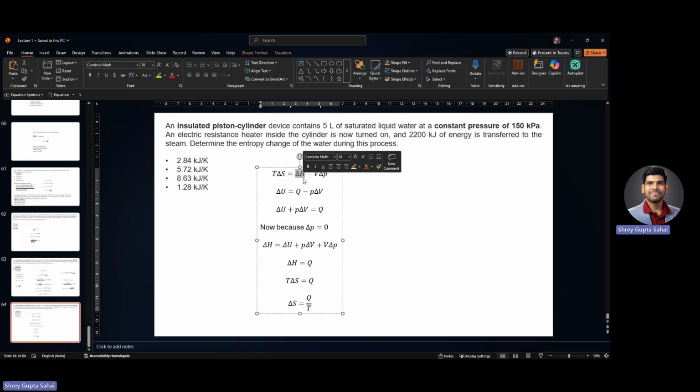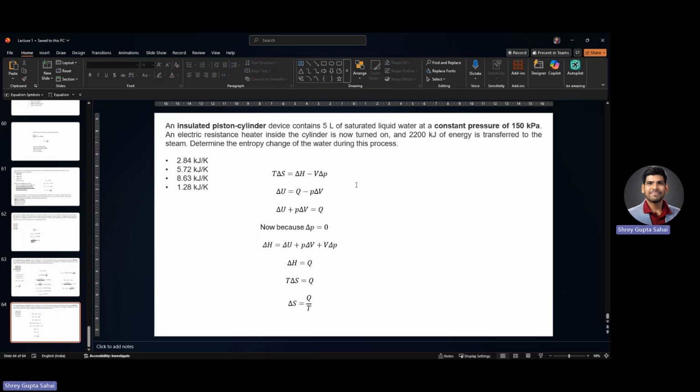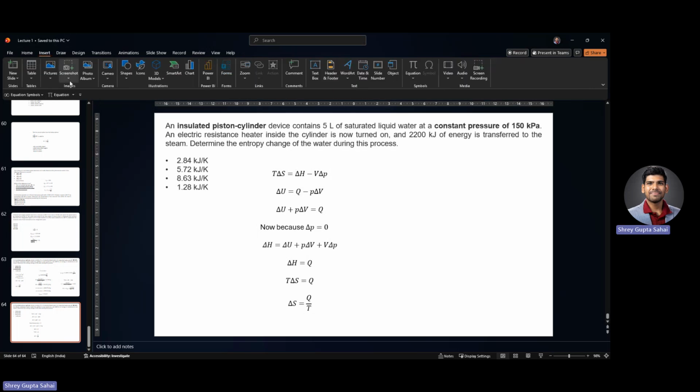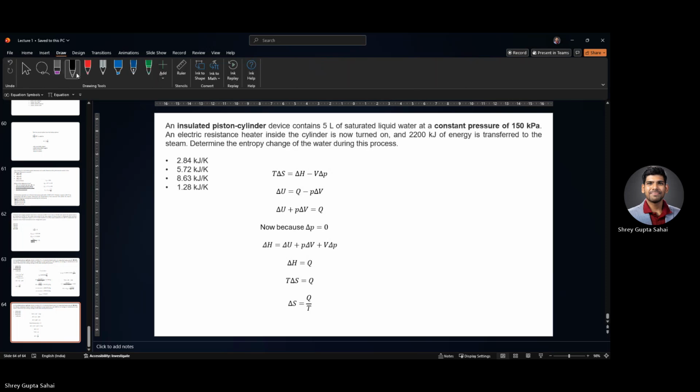What I mean is, if you have a saturation dome and you are here and you move till here, the temperature was constant. Your entire system was at a constant temperature, so the entropy change is equal to delta Q by T.